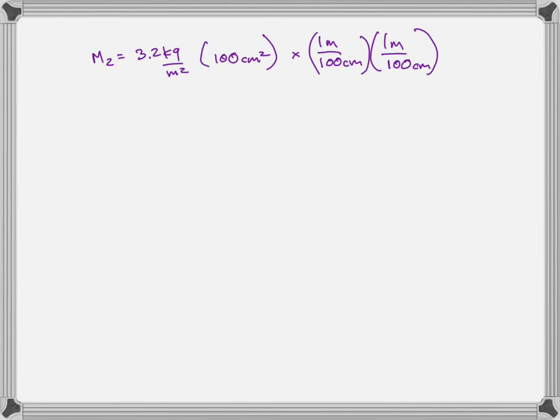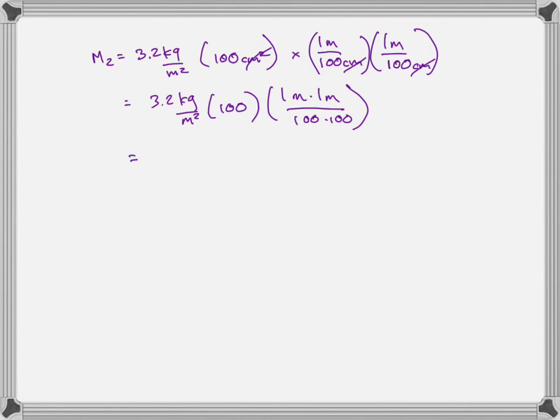So this centimeter cancels with the first one, and this centimeter cancels with the second one. What we're left with is 3.2 kilograms per meter squared times the 100 centimeters squared times 1 meter times 1 meter over 100 times 100. That's what we're left with when we cancel those centimeters squared.